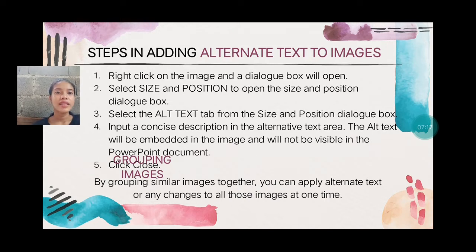Number 3, select the alt text tab from the size and position dialog box. Number 4, input a concise description in the alternative text area. The alt text will be embedded in the image and will not be visible in the PowerPoint document. Number 5, click close. That is the step in adding alternative text to image.